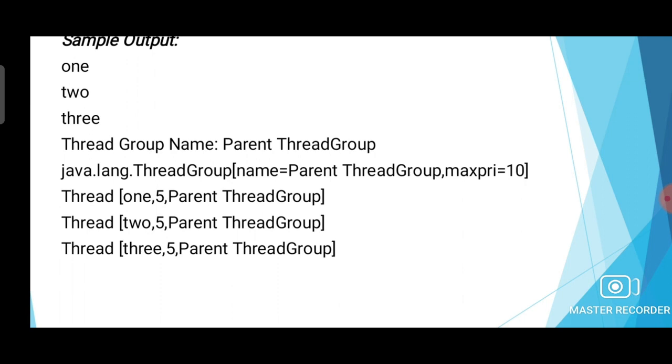After that, as a result of the list method, we are getting all those details like the thread group name and what all threads are present under the particular group. All those details will be printed with the help of the list method.